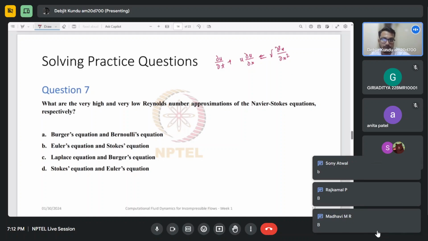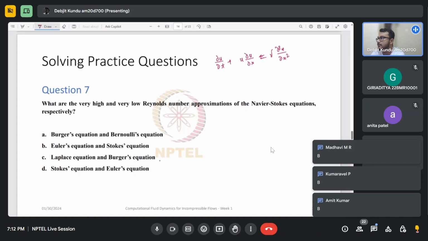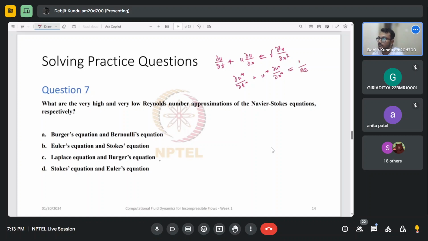Okay, once again, what I am asking here is what are the very high and very low Reynolds number approximations of the Navier-Stokes equations? So basically, if we non-dimensionalize this, this is the non-dimensional form of the Navier-Stokes equations.